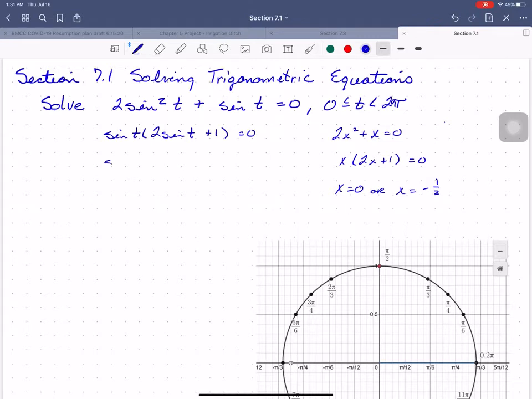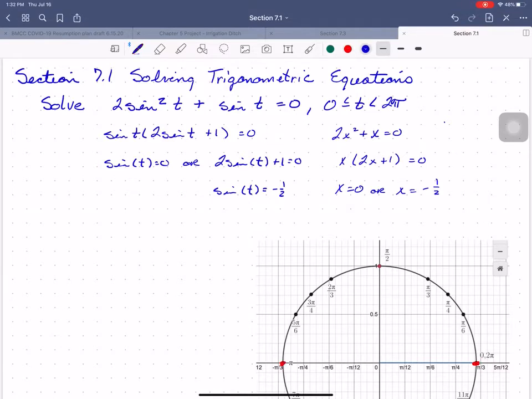And realize that means that sine t equals 0, or 2 sine t plus 1 equals 0, which means that sine t equals negative 1/2. All right, now we know that sine equals 0 at 0 and pi.